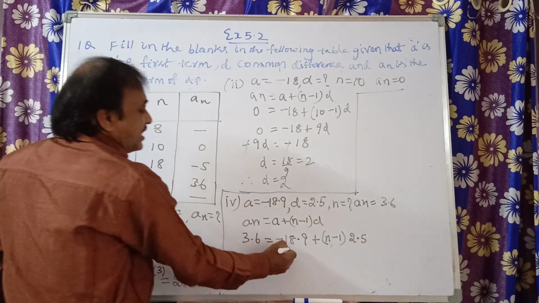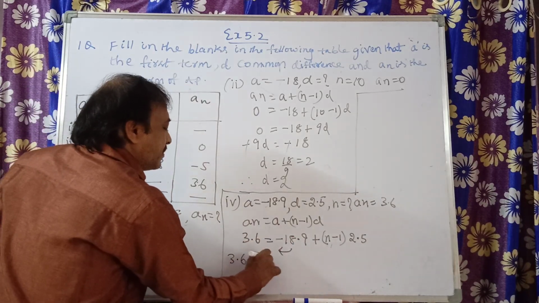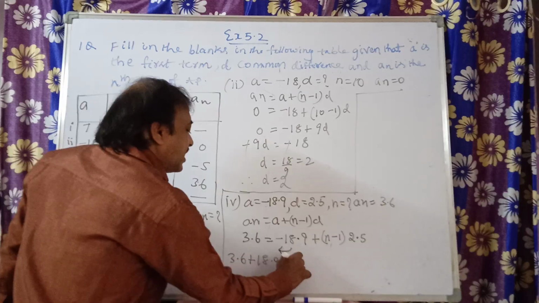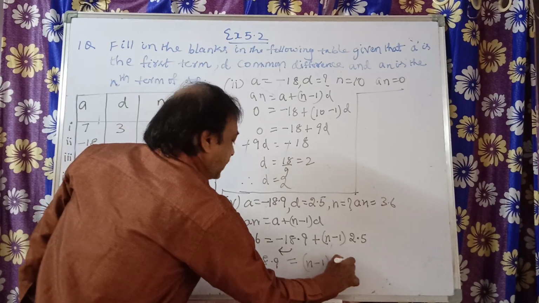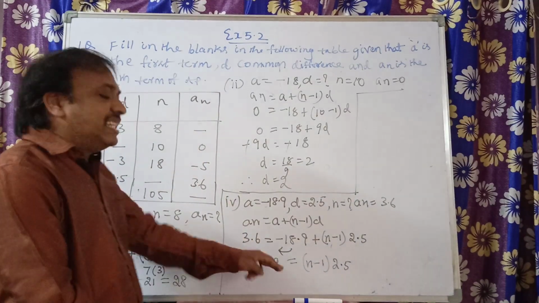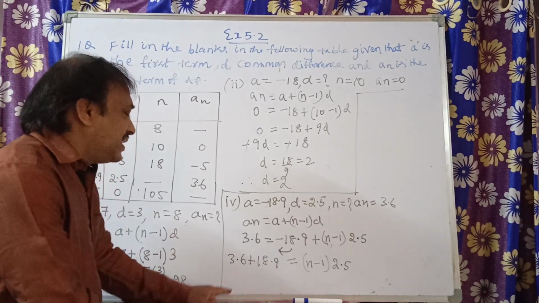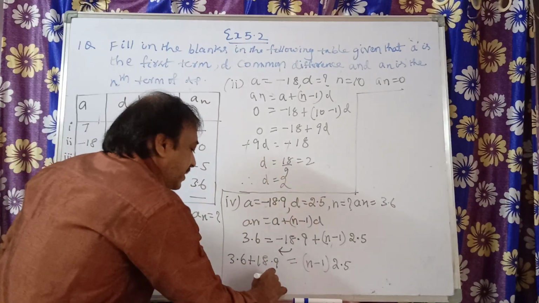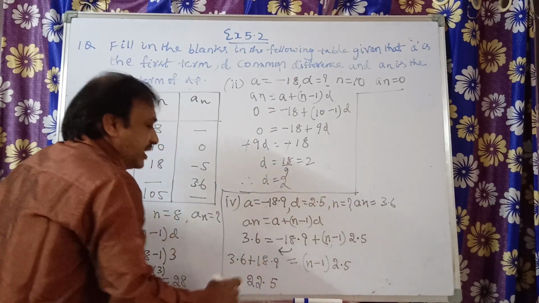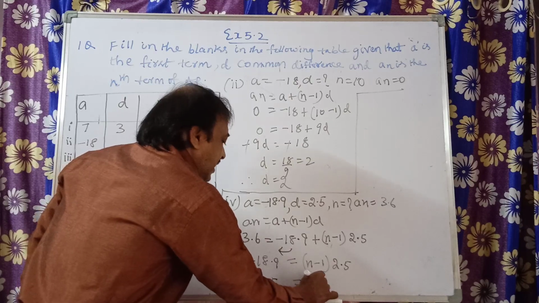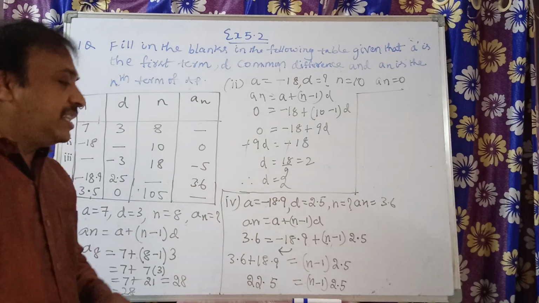Now transpose this minus 18.9 to this side. 3.6 plus 18.9, which is equal to n minus 1 into 2.5. Now 3.6 plus 18.9, add these decimals. 9 plus 6, 15, and you will obtain 22.5. 22.5 is equal to n minus 1 into 2.5.